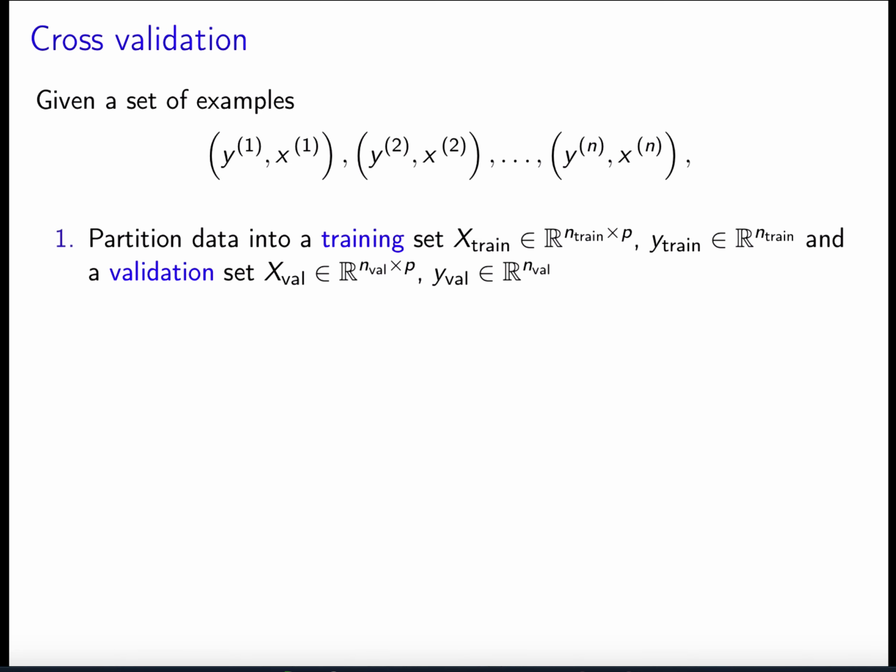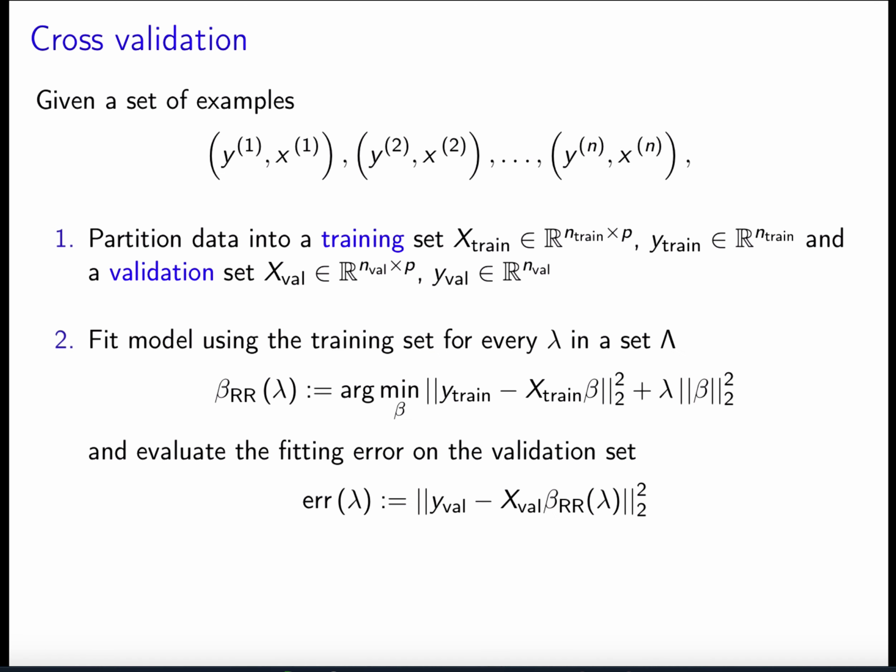You have a set of examples, n examples, let's say. You partition those, maybe like this. You're going to use some for training, and some for validation.